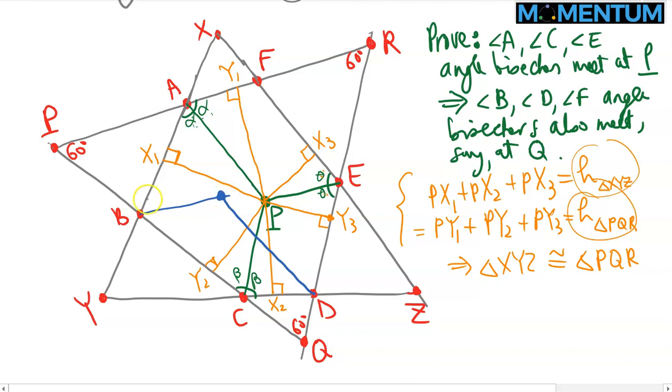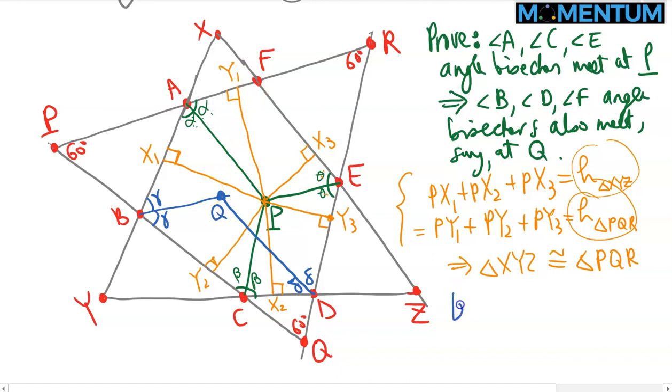So this angle, whatever, let's call it gamma, and then gamma there, and then these two angles, delta and delta, there you go. So let's call the intersection of the B and D angle bisectors Q. Well, obviously they will meet at a point. Now, the only thing remaining is to show that FQ is also an angle bisector.